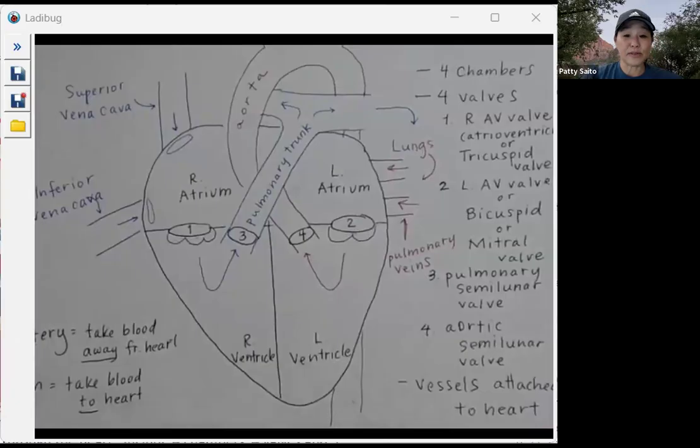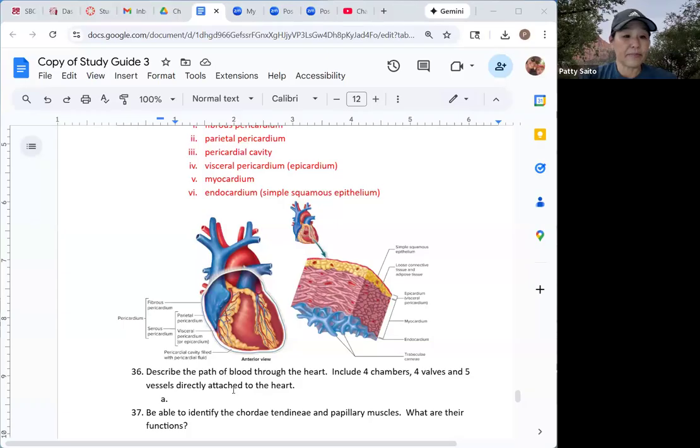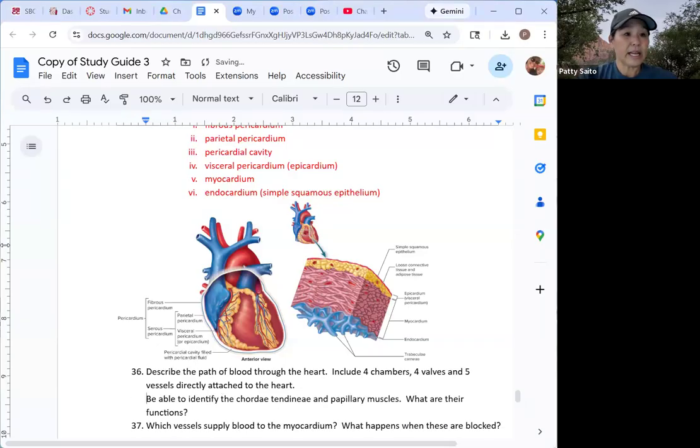All right, let's go back to our sheet here. I'm going to give you a really nice diagram of the heart. Oh, actually, let me give you the path of, well, actually, let me give you a nice diagram. Oops, dang.